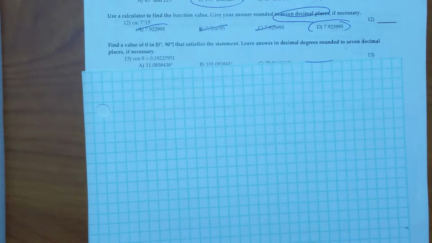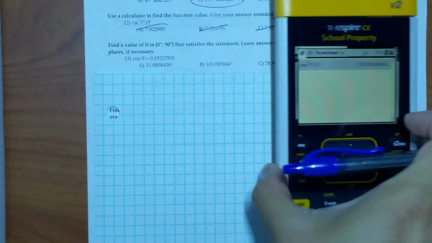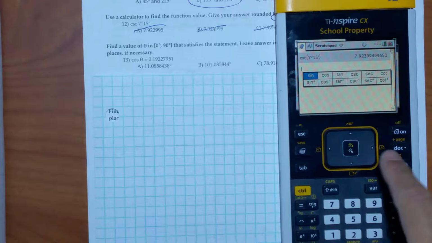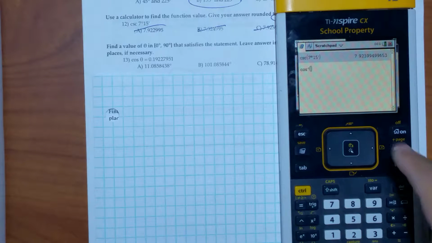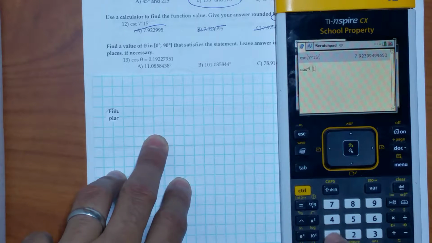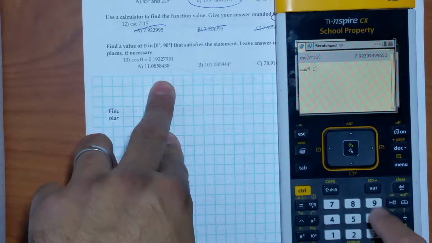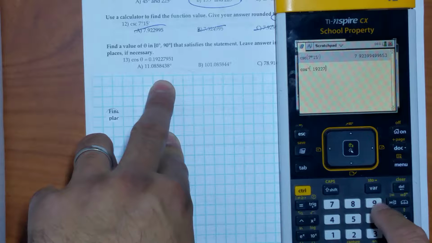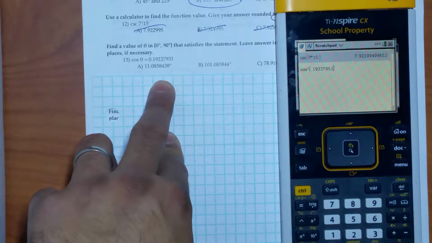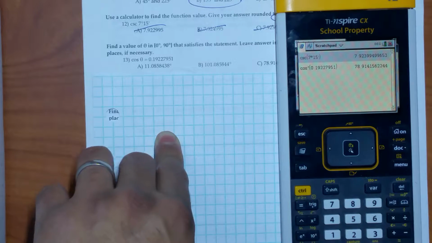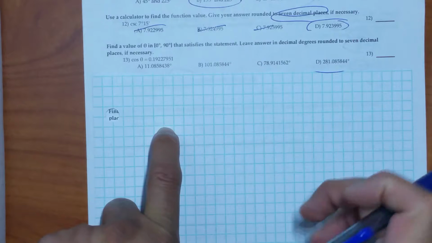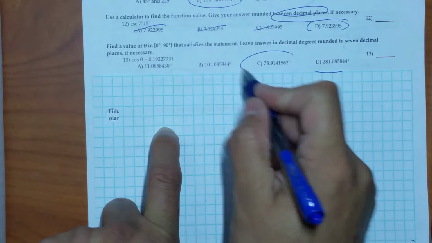So it's going to be inverse cosine of 0.19227, 78.91 blah blah blah. So that's only going to be C. C is the only one I have there.